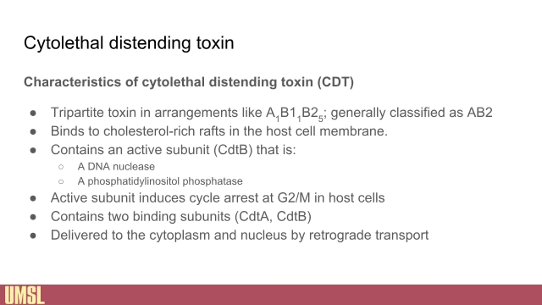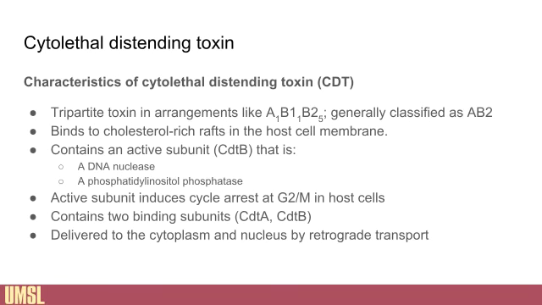The example we're going to talk about on Tuesday is A1B1B25, so it takes a really strange conformation. It's classified as an AB2 toxin because it has essentially 2 binding domains and 1 active domain.